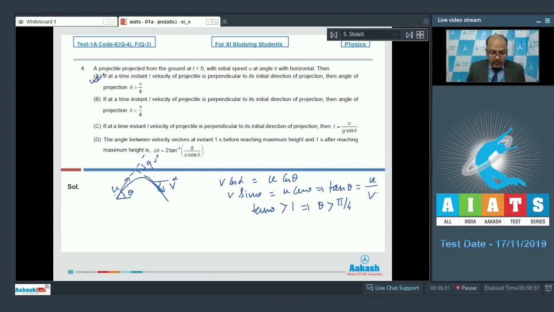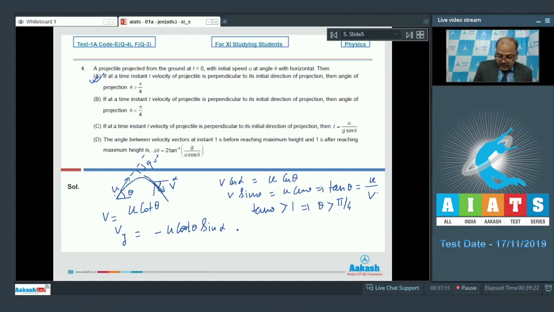Let's evaluate option C now. It says the velocity will be perpendicular to initial velocity at t equal to u by g sine theta. We already know the value of v. V is u cot theta, right? So Vy will be minus u cot theta into sine alpha, right?